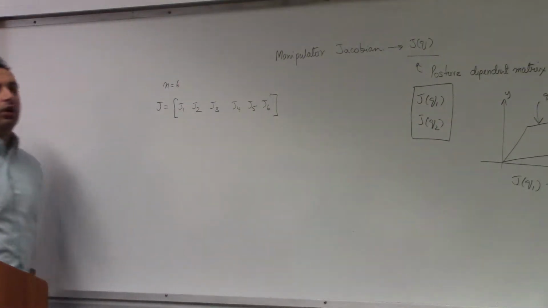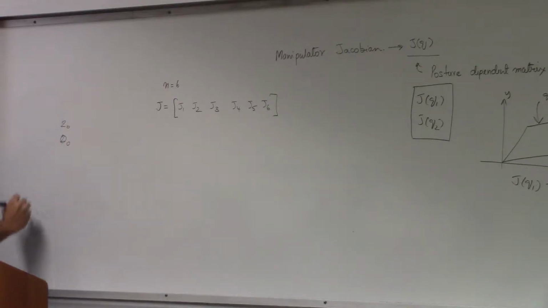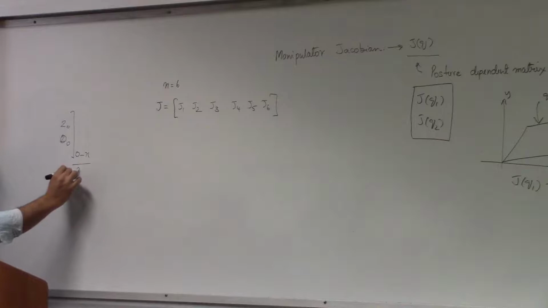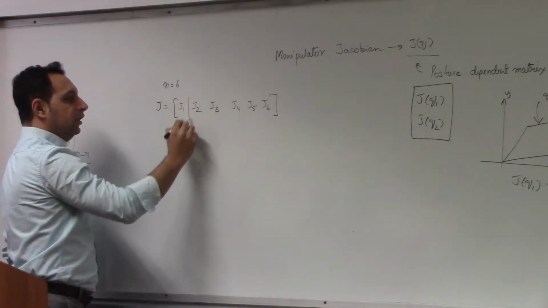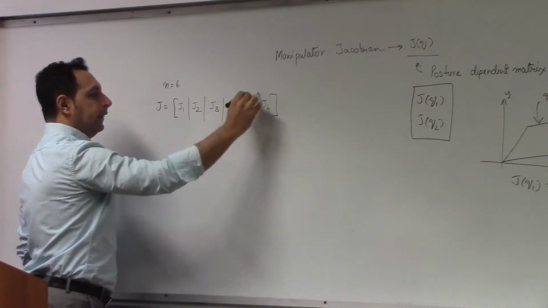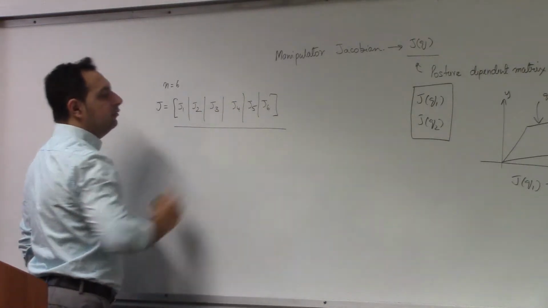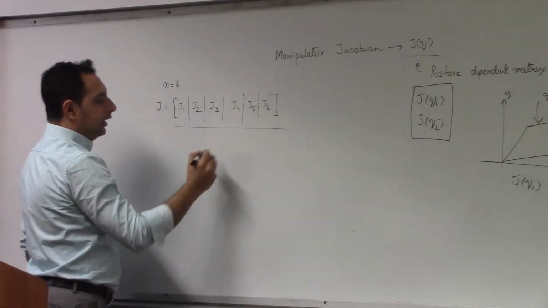I'm not talking about Z0 and O0, that will be 7, because you have frames going from 0 to n, that means you'll have n plus 1 frames. We're not talking about frames, we are talking about the number of columns in the Jacobian. So these columns each represent one of the joints in the manipulator.